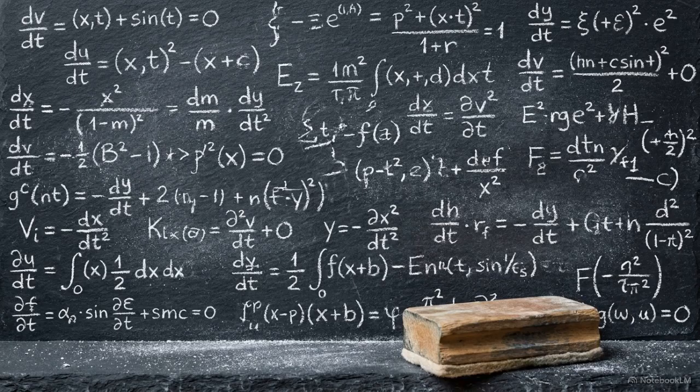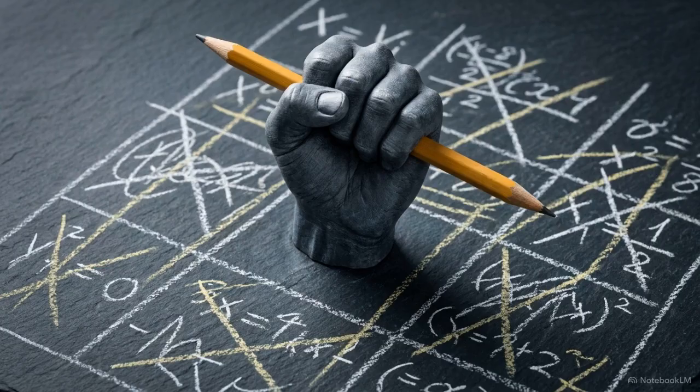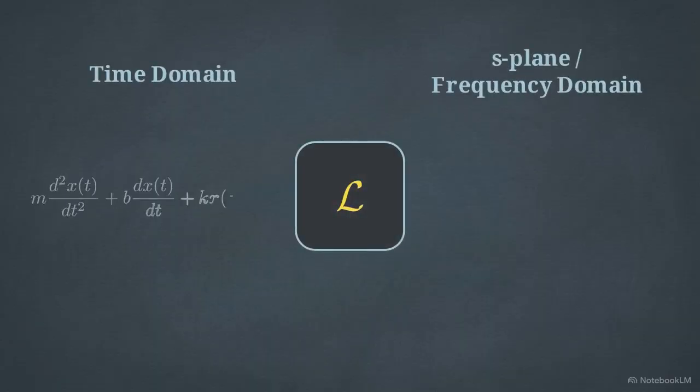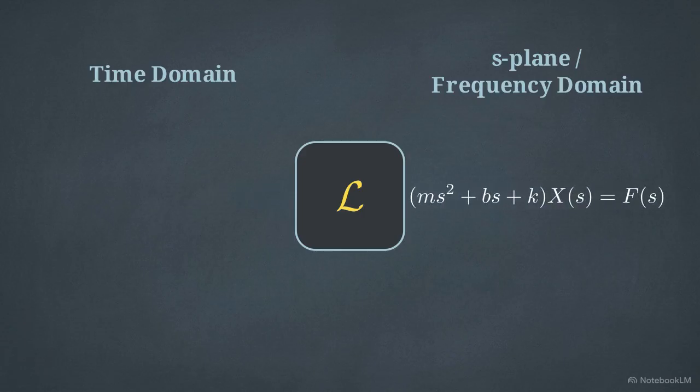Solving complex differential equations in the time domain is incredibly tedious and computationally inefficient, making it nearly impossible to design a dynamic controller. To bypass this computational bottleneck, engineers use a mathematical tool known as the Laplace transform. The Laplace operator transforms the heavy calculus of the time domain into the complex frequency domain, the S-plane.